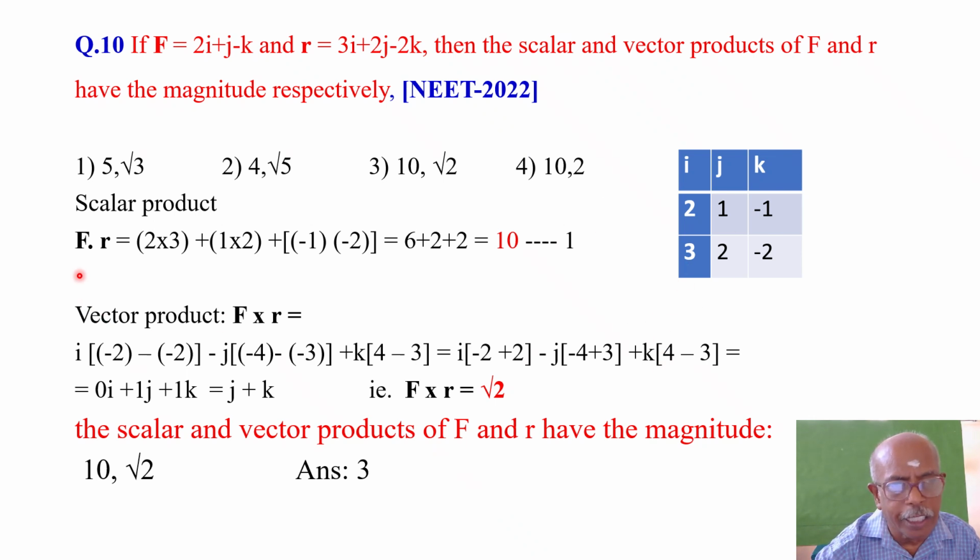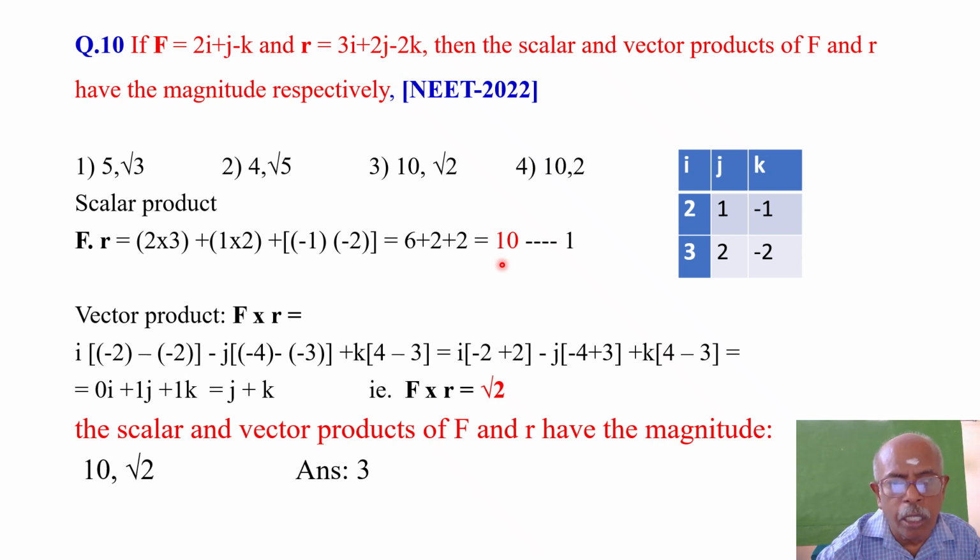So F dot r is equal to i dot i, 2 into 3, j dot j, 1 into 2, k dot k, minus 1 into minus 2. So 2 into 3 is 6, 1 into 2 is plus 2, and minus 1 into minus 2 is plus 2. So 6 plus 2 plus 2 is 10.